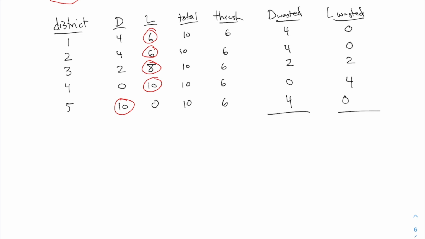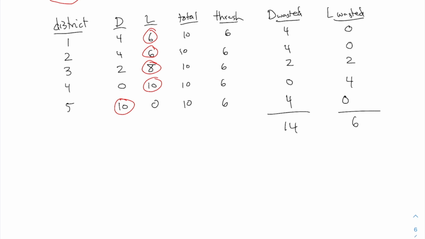All right? So the L's wasted 6 total, and the D's wasted, that looks like 14 to me. So the D's are wasting more. That means that it seems like this arrangement is benefiting the L's, right? The D's are wasting more, and so the L's are being helped by the map in this case.